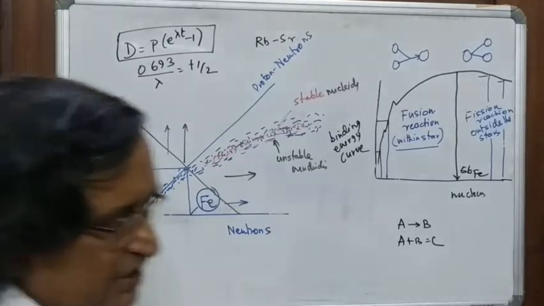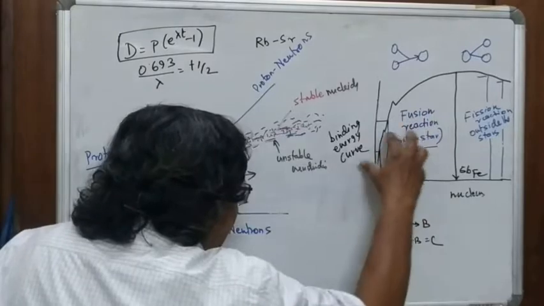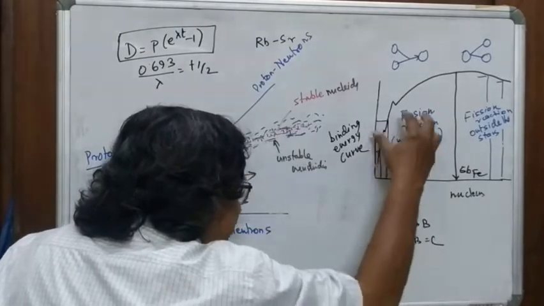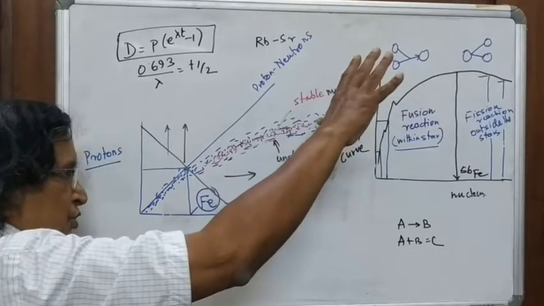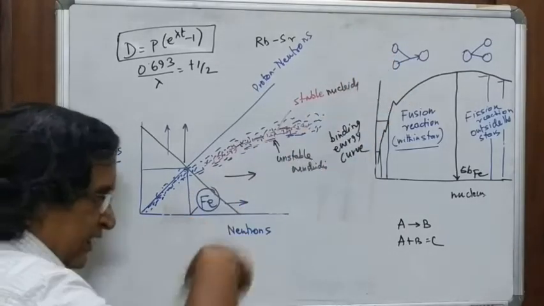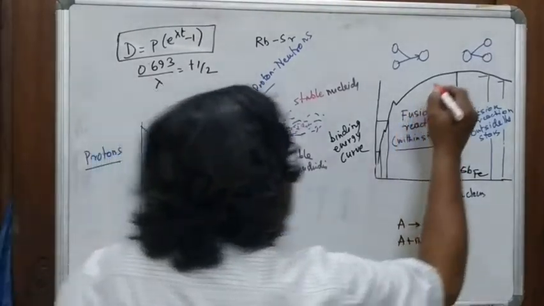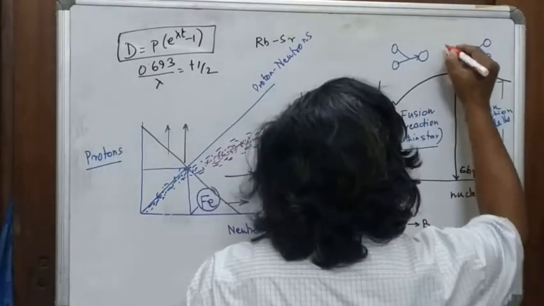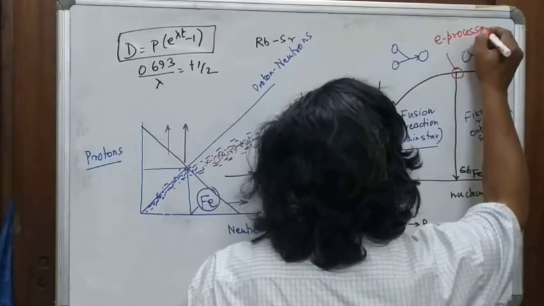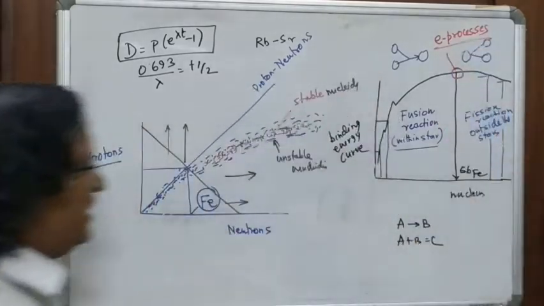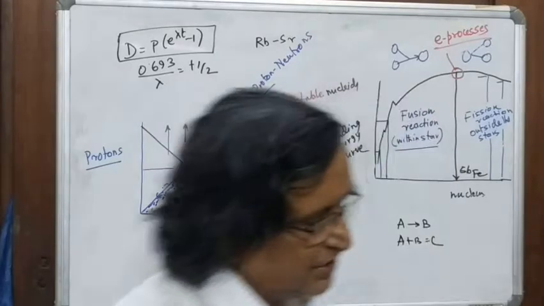So because of the supernova explosion, the nuclides that form due to fusion reactions within the stars are thrown out, along with a large number of neutrons and protons, and the process by which this forms is called the e-process. I can't go into details, this can be discussed at length, but e represents the equilibrium process.